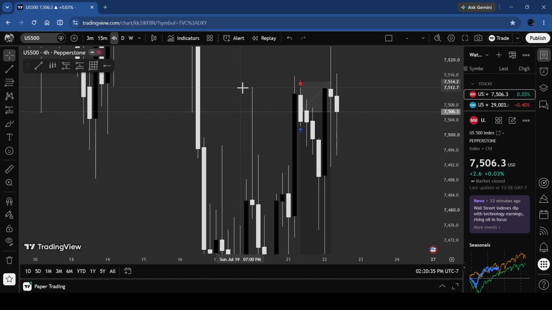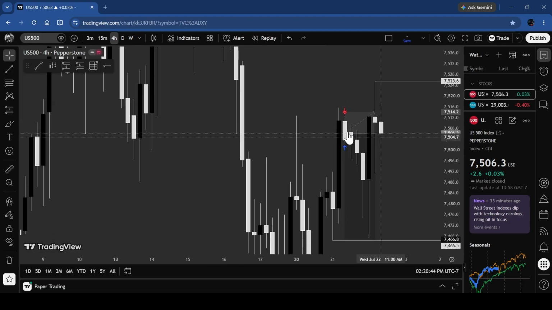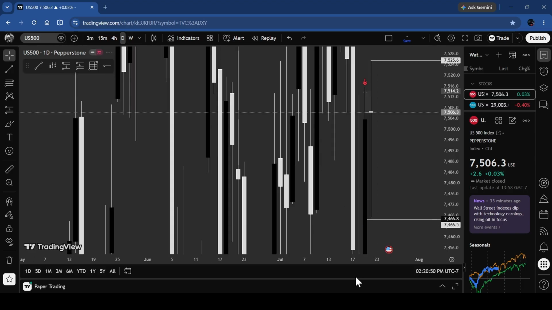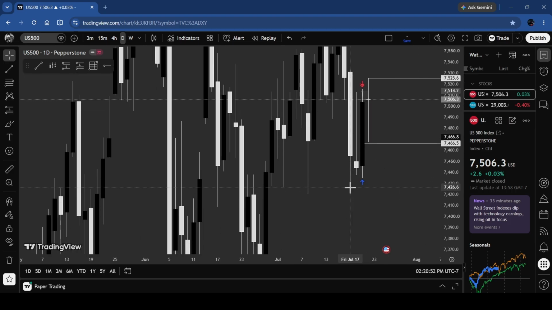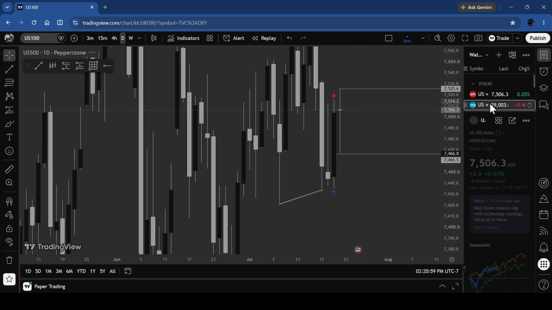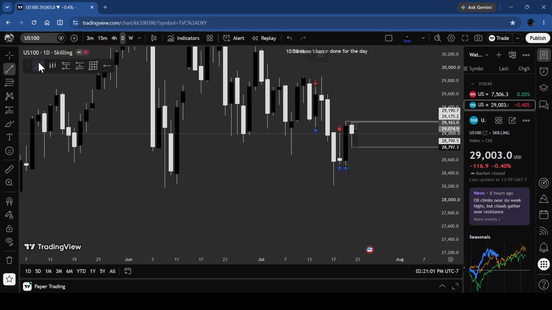Both Nasdaq and the ES took this high out, but there was what I could call a reverse SMT divergence on the daily. We had this SMT divergence, this low down to this low, and this low to this low.